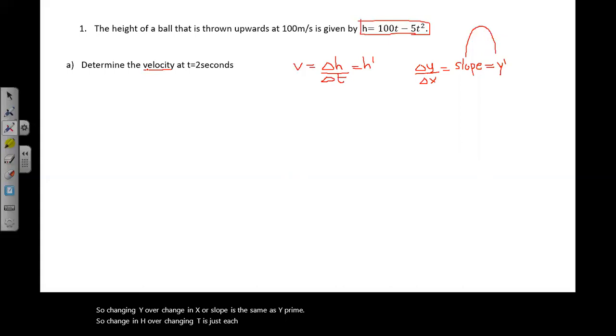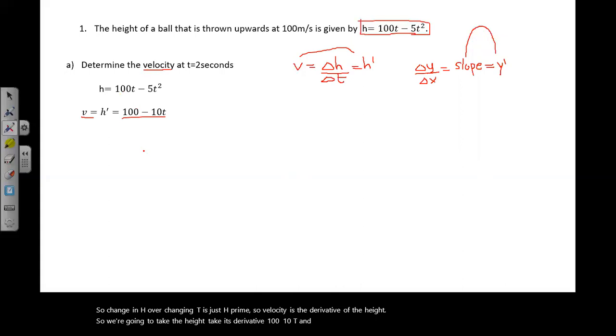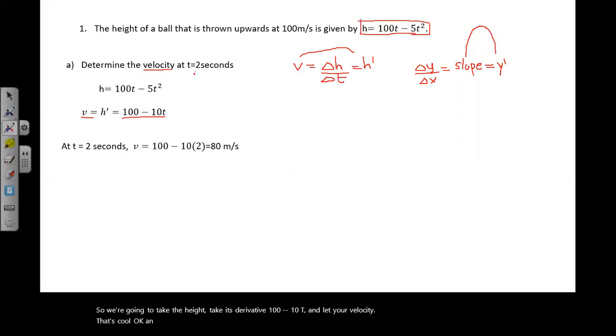So velocity is the derivative of the height. So we're going to take the height, take its derivative, 100 minus 10t, and that's your velocity. That's cool. Okay, and we wanted this at 2 seconds. So at 2 seconds, you get to plug 2 in. 100 minus 20, 80 meters per second.